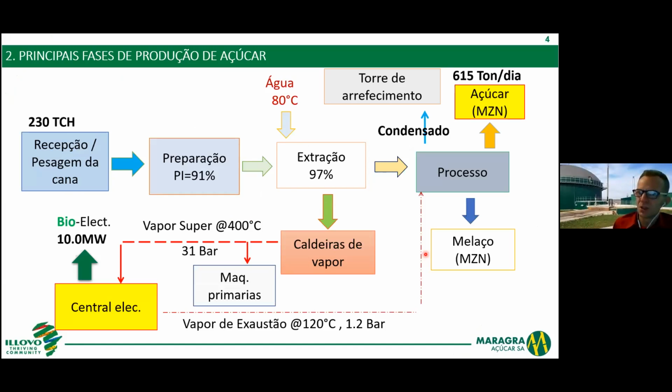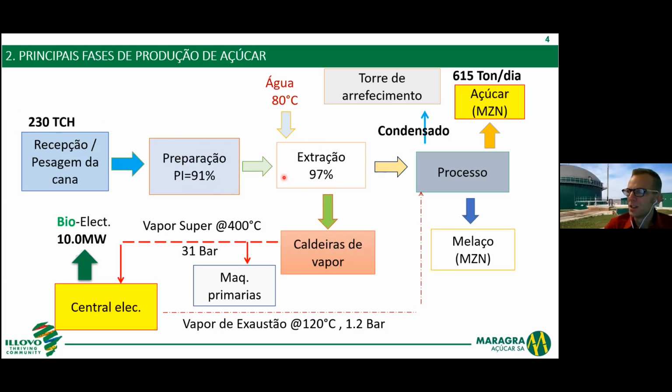This was one of the sheets that he used to explain the different production steps in the factory, from, let's say, intake of cane with the quantity, preparation. I'm not sure what PI means in this case. I think it's the selection, maybe taking out some materials with a certain efficiency eventually.